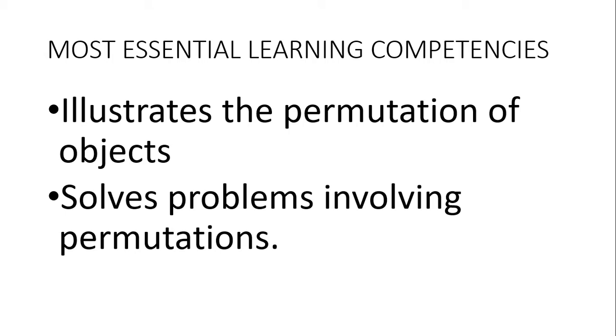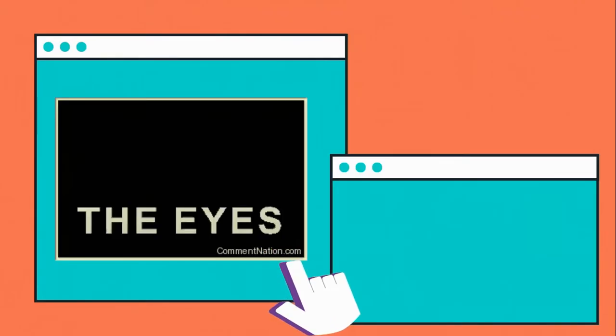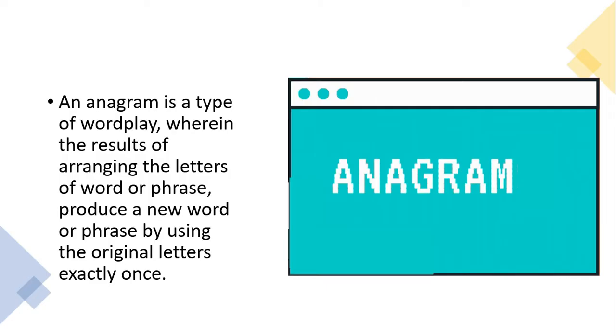To continue this video lesson, let us have a quick game. Let us play anagram. An anagram is a type of wordplay wherein the results of arranging the letters of a word or phrase produce a new word or phrase by using the original letters exactly once.